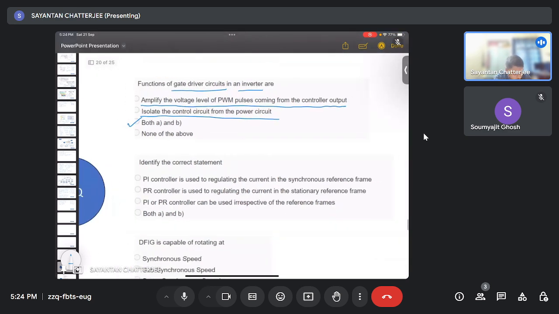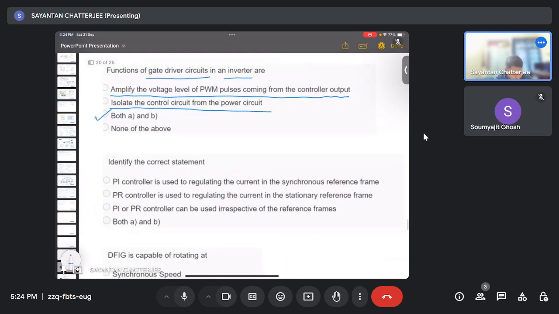So now identify the correct statement. PI controller is used to regulate the current in the synchronous reference frame. PR controller is used to regulate the current in the stationary reference frame. PI or PR controller can be used irrespective of the reference frames.